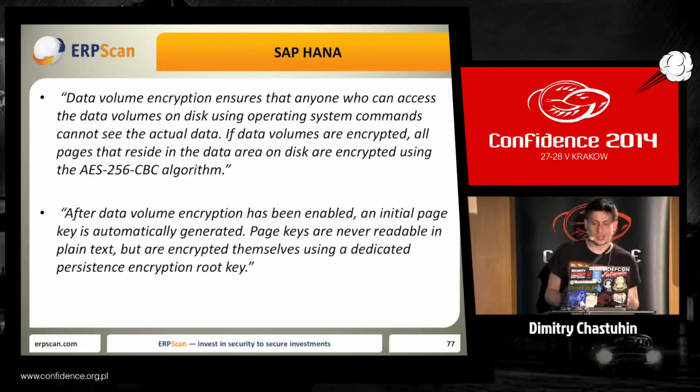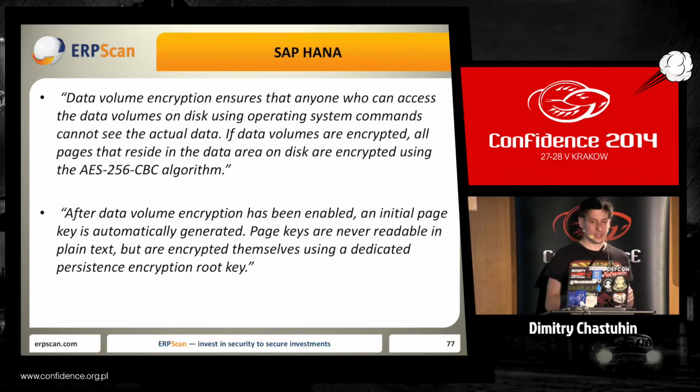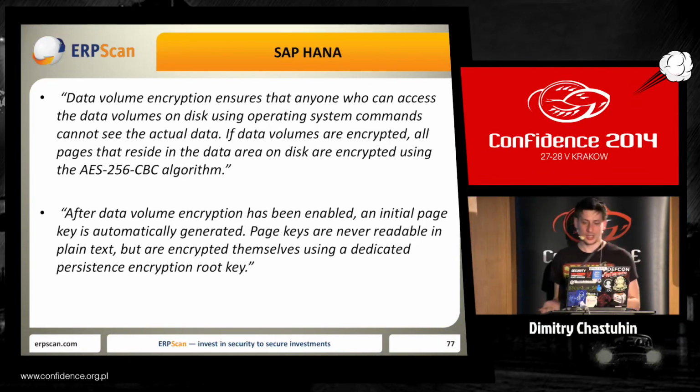Very cool. That's why SAP HANA provides data volume encryption, which allows the administrator to encrypt the volume using the AES algorithm, and for decryption of the volume, HANA uses the persistence encryption root key.